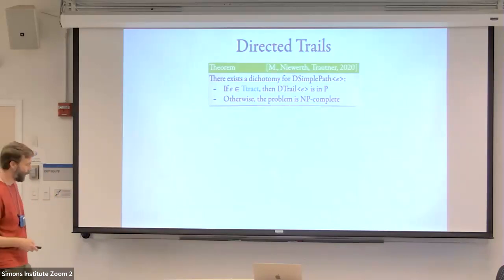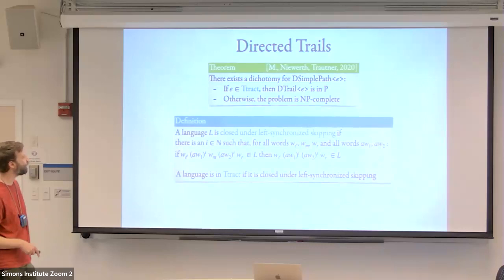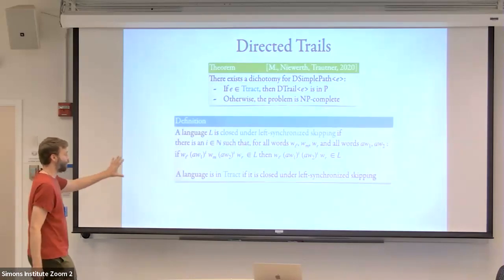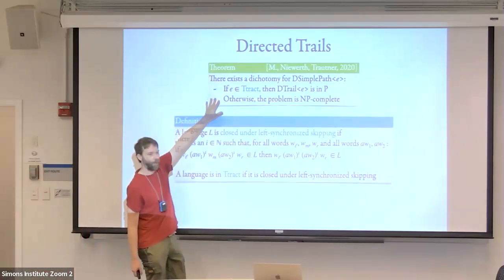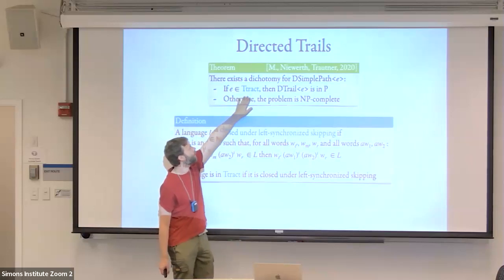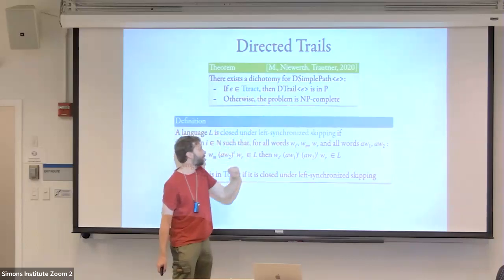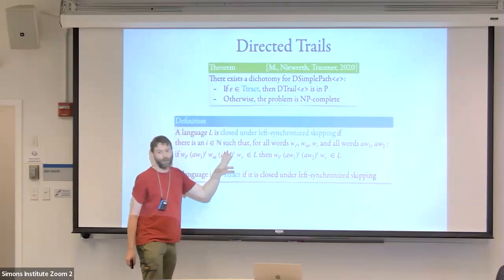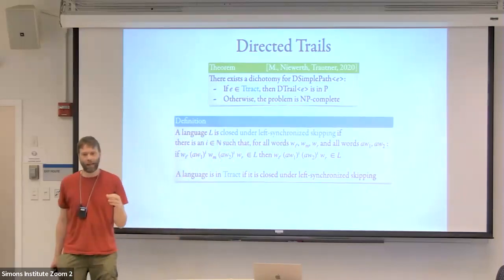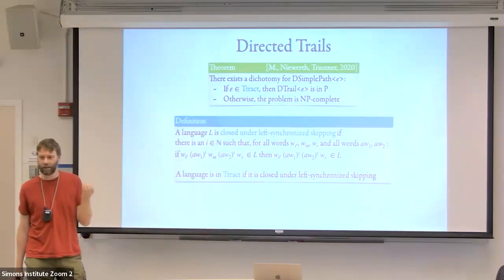Okay, so these were simple paths. There are trails as well. For trails, there is a similar dichotomy that says, as long as your language fulfills some condition, the problem is in P, and otherwise it's NP-complete, right? For trails, we don't know a nice, let's say, syntactical condition on the expressions.